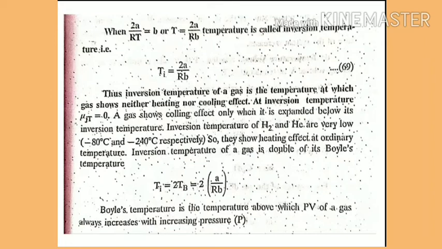its value is denoted by Ti, which is equal to 2a upon Rb. And we can calculate it because if 2a upon RT is equal to b, then T is equal to 2a upon Rb. So at the inversion temperature, mu_JT, the Joule-Thomson coefficient, is 0.